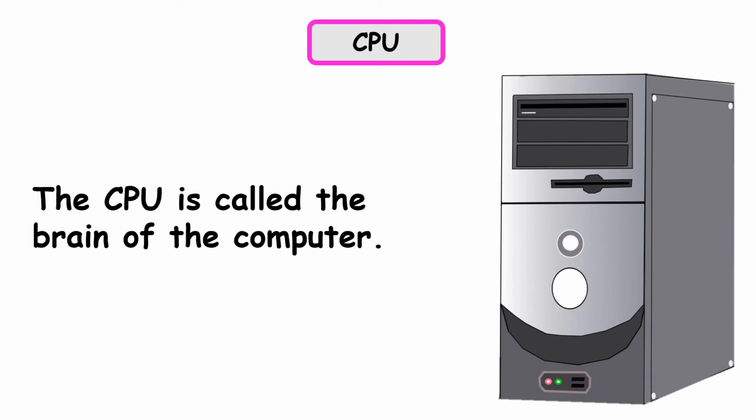As you know, when we enter data into the computer, the CPU processes it and gives the output. The CPU is called the brain of the computer. The monitor, keyboard, mouse, and the printer are connected to the CPU box with cables.